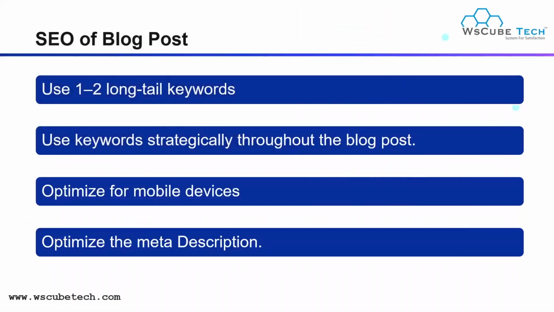First, we have to use one or two long tail keywords. As we all know, long tail keywords are more impactful in terms of SEO than short tail keywords. For example, how to write a blog post is your long tail keyword.